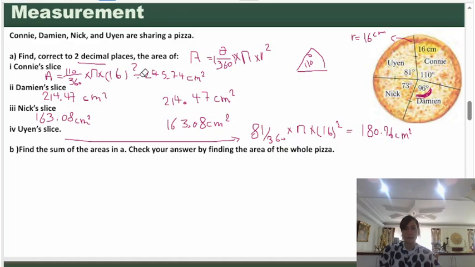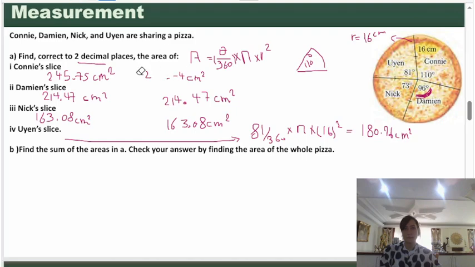For part A, I will have 245.75 centimeters squared.